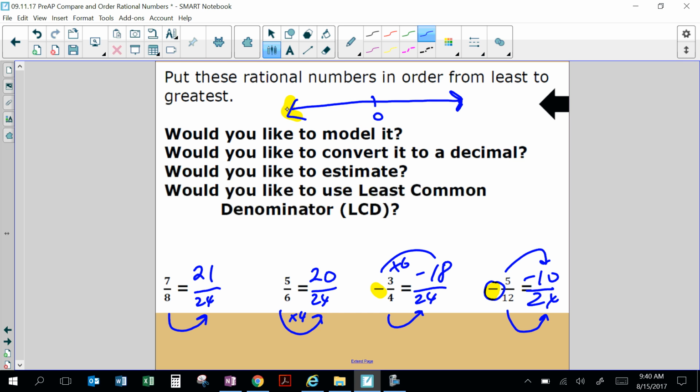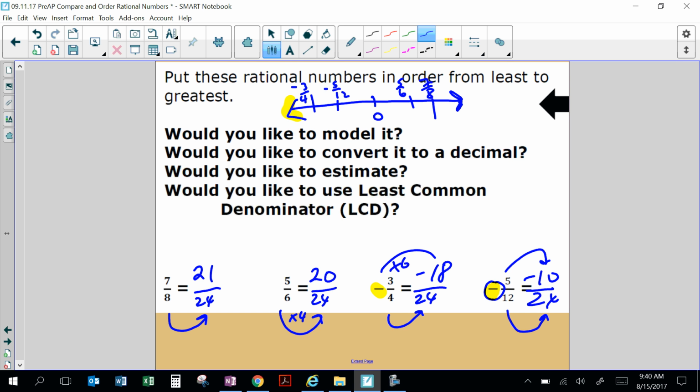But which one will be more left? Negative 18. So negative 3/4 is the least. Then negative 5/12. And then which one is closer to 0? 20/24 or 21/24? 20/24, so 5/6. And then 7/8. That is how I put them from least to greatest.